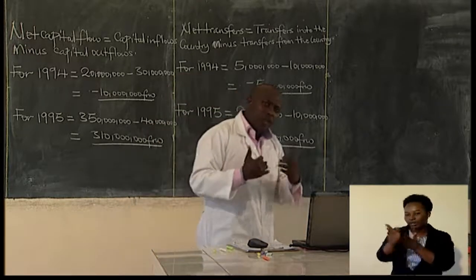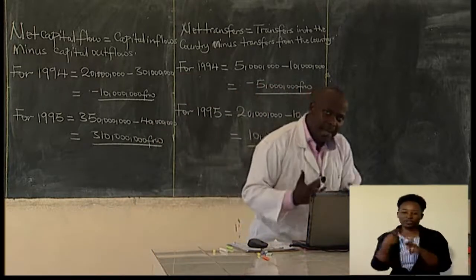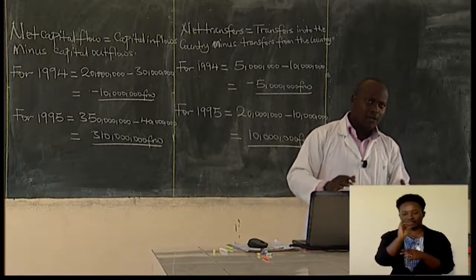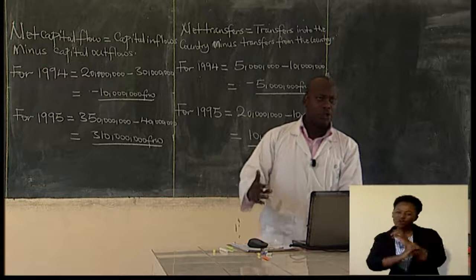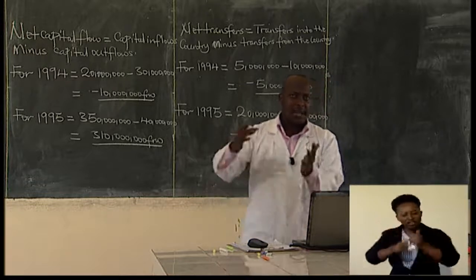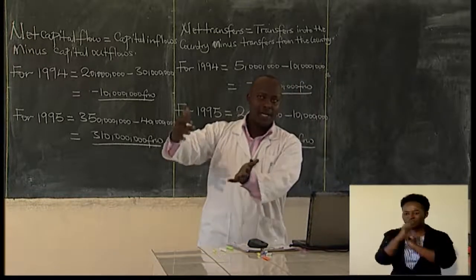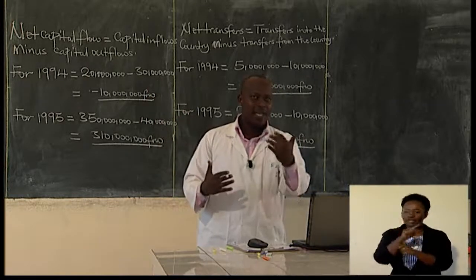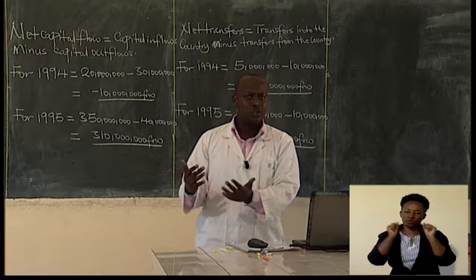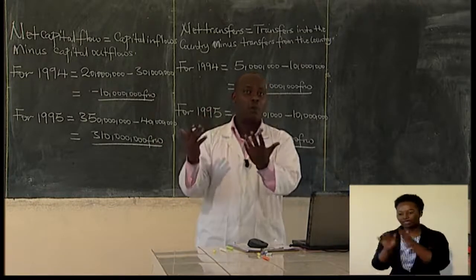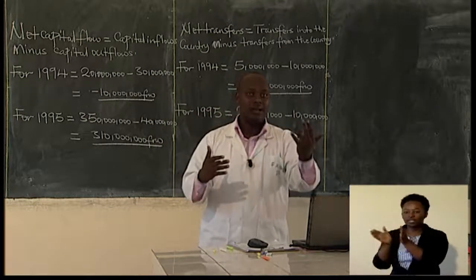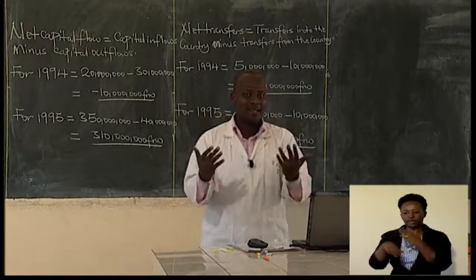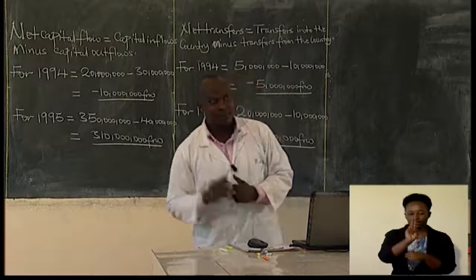Now, how can we solve a balance of payment deficit? What could be the measures that a country can put in place to solve BOP deficit? If the country is spending more money to buy goods from other countries and it earns less, how can the country reduce expenditures so that it can export more and generate more income compared to expenditure, so that it can get a surplus instead of a deficit?